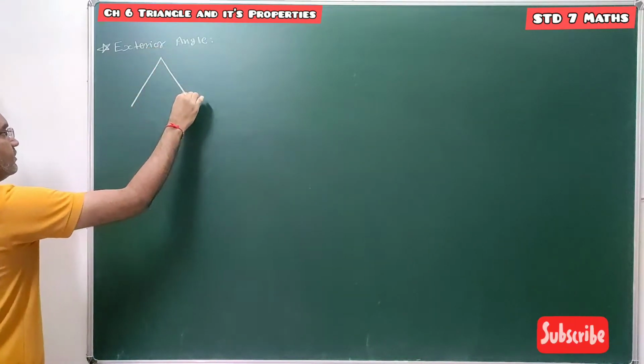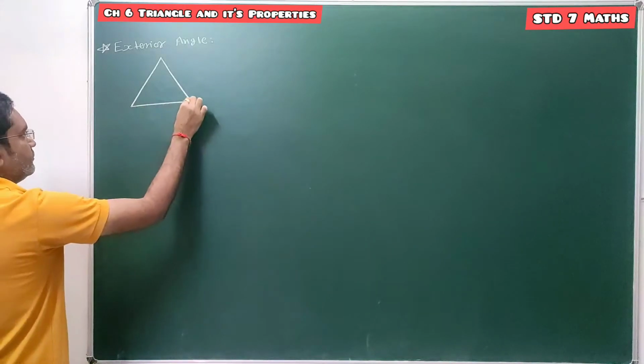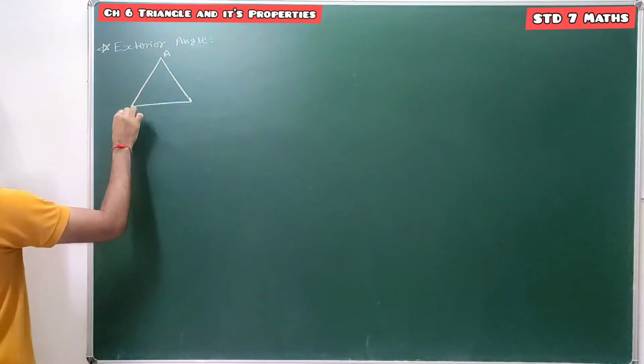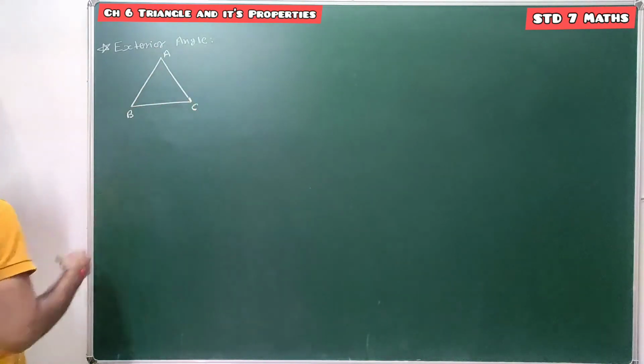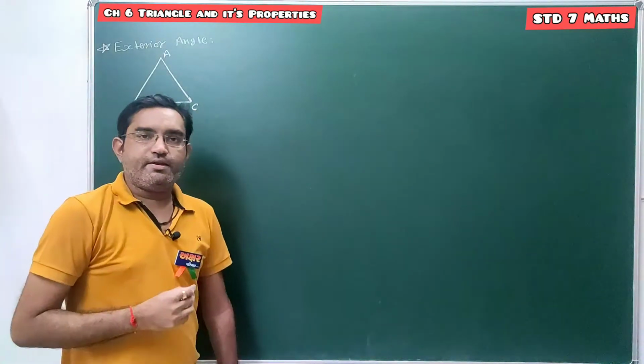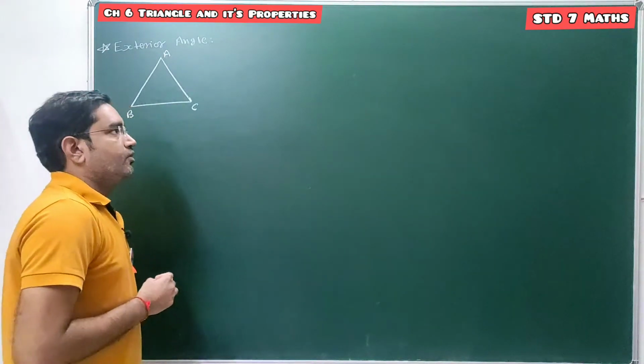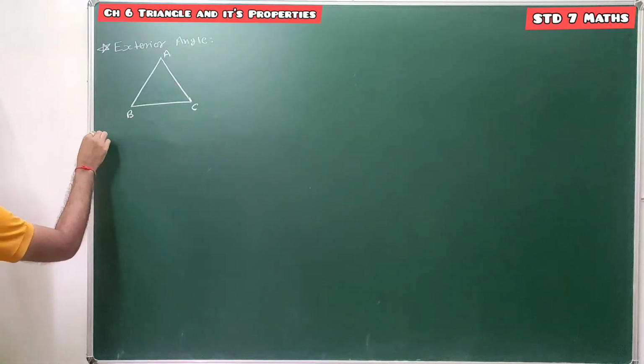Triangle ABC is there. Here you have to define the exterior angle for triangle ABC. So first point, exterior angle.